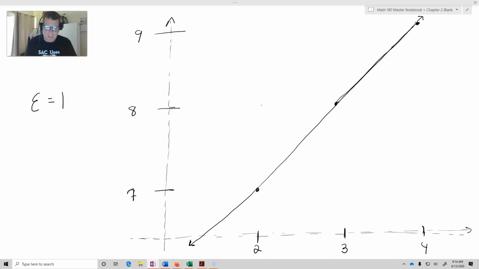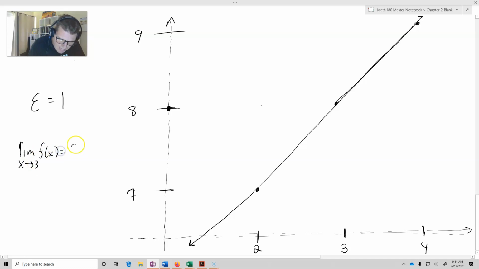Now, we just pick our epsilon. So epsilon equals 1. Just let me remind you, the limit as x approaches 3 of f of x equals 8. So our L is equal to 8, okay?